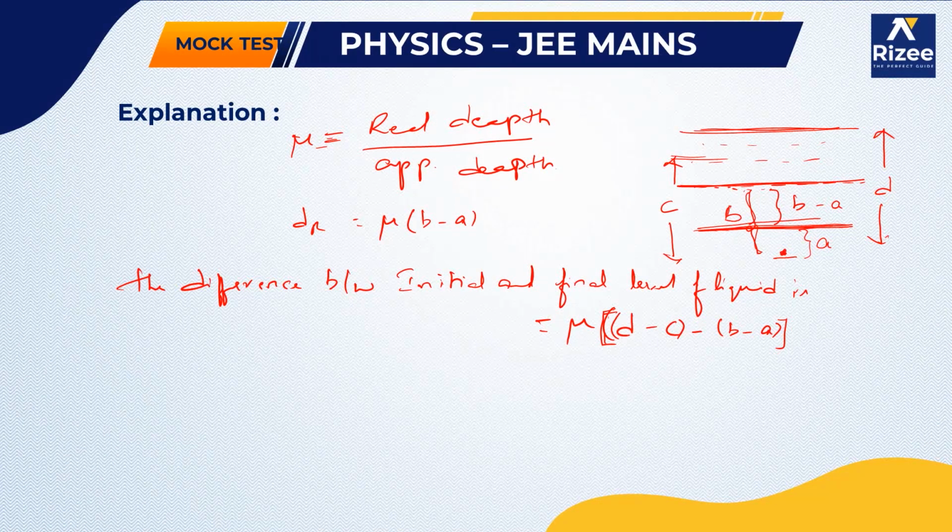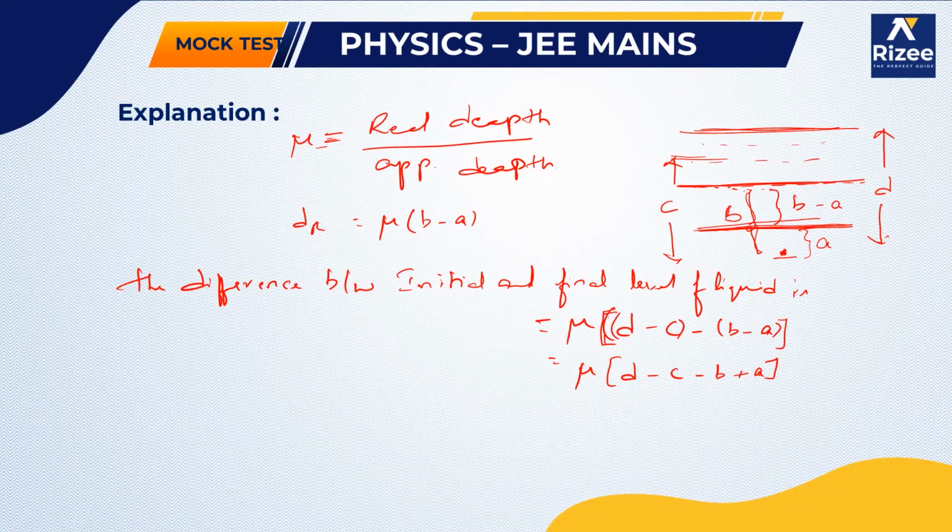On expanding, you get mu times D minus C minus B plus A.